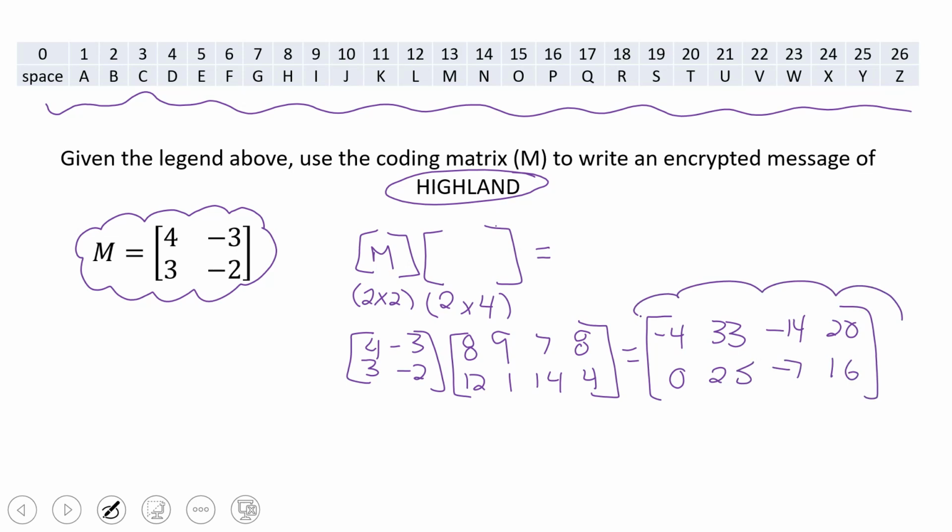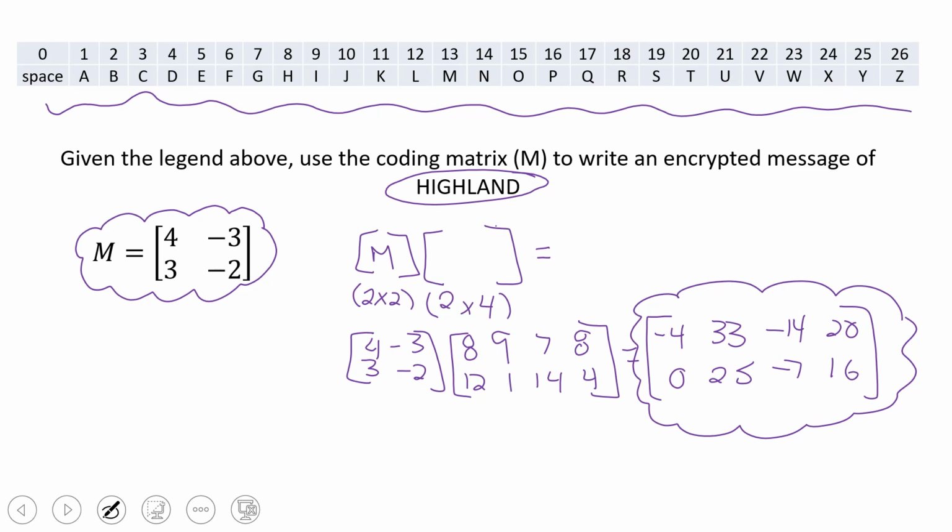So this right here is our encrypted message. Notice there's negatives. Well, if I look up at the English alphabet, none of those are negatives. So with the legend that I have, I wouldn't know what this message is without my key.